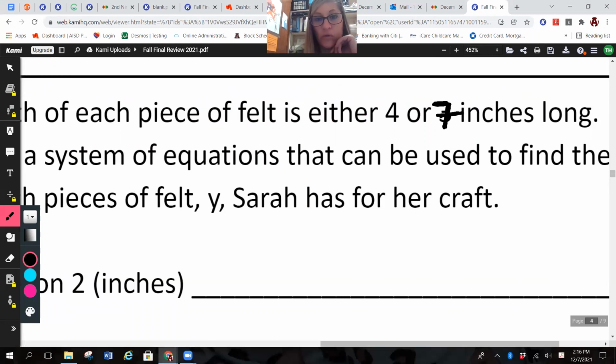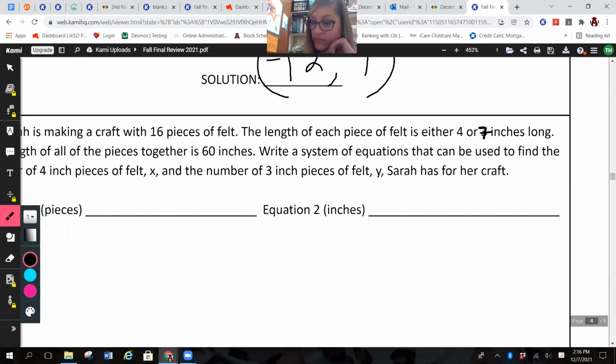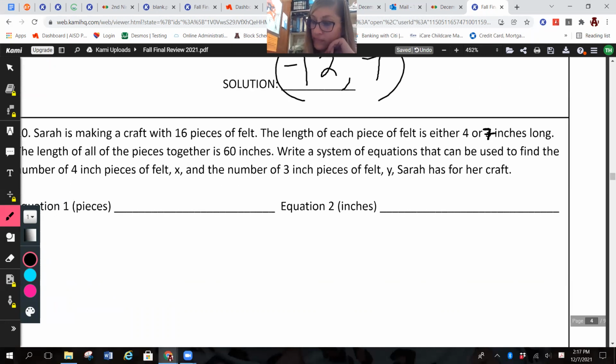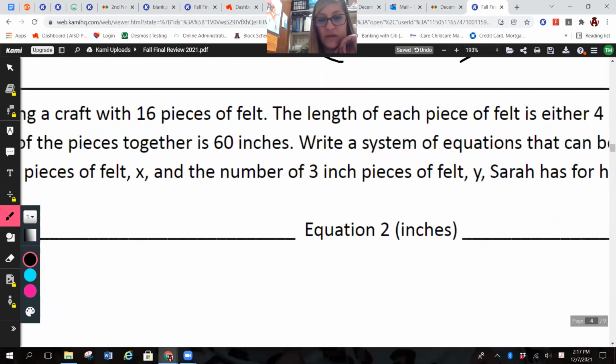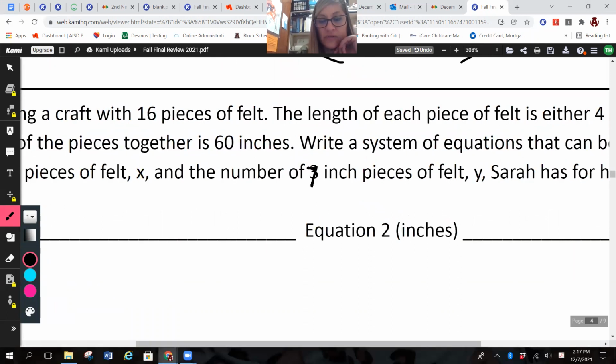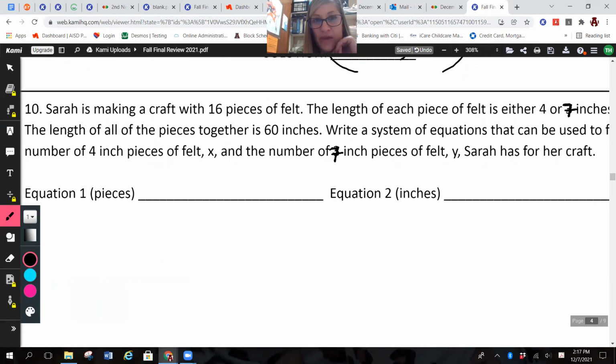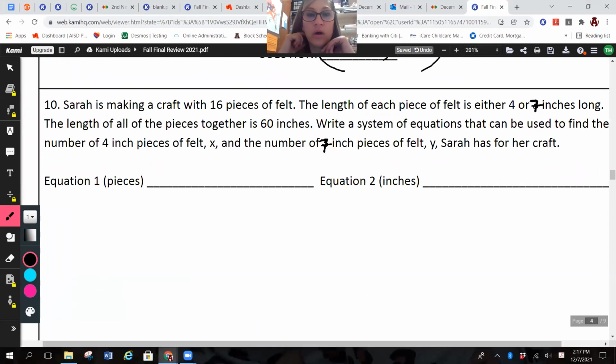Either 4 or 7 inches long. So I'm not sure why this is not 7 here. Weird. I may have uploaded the typo version.